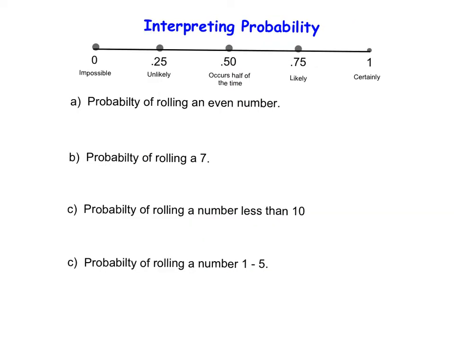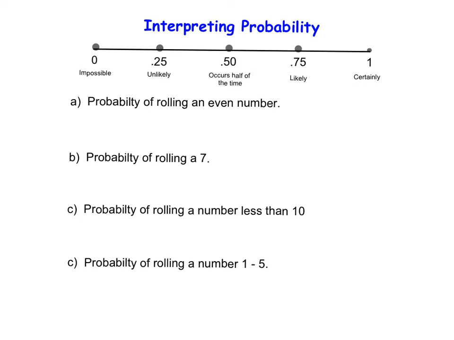Now, probability is all fine and dandy, but really, truly, we need to know how to interpret our probability. So what we're going to do next is look at situations and their probability, and then interpret it and see if that event is impossible, unlikely, occurs half the time, likely, or is certain to occur.